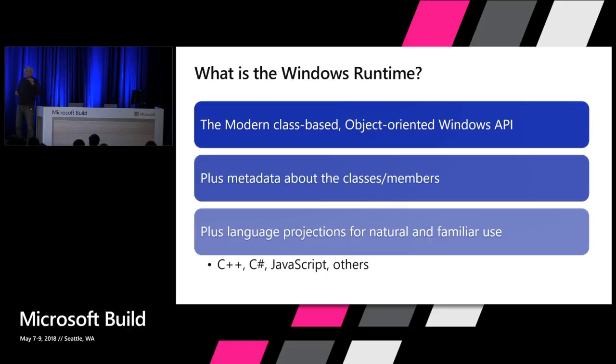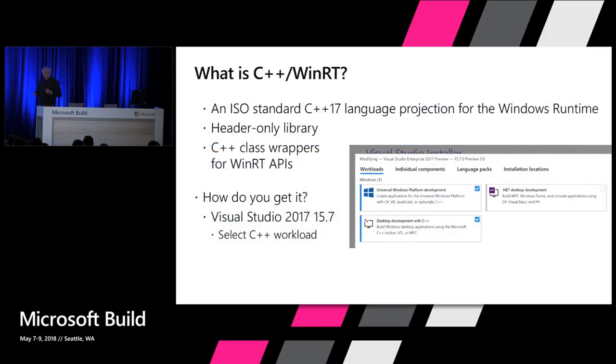Now, C++ for the Windows runtime, or CPP WinRT, because I can say that much more quickly, is a language projection. We have another one, which I'll show you briefly, called C++/CX. That was an earlier projection for the C++ folks. And we'll compare the two briefly and show you why we think this is an improvement. So what is CPP WinRT?